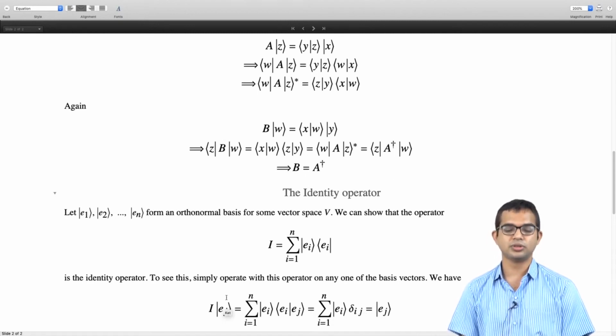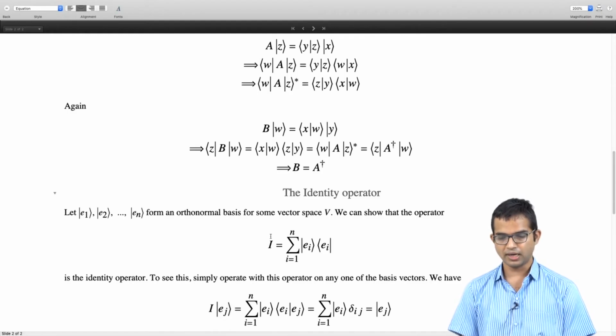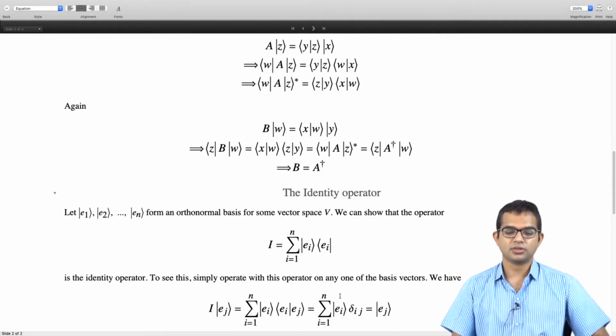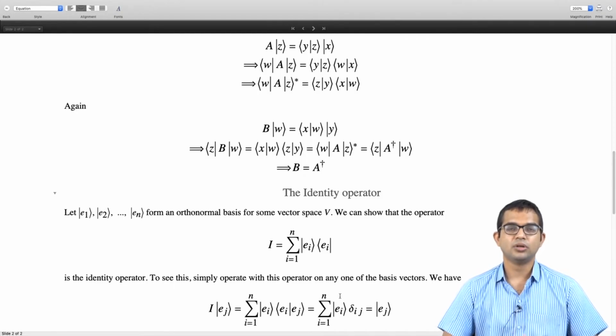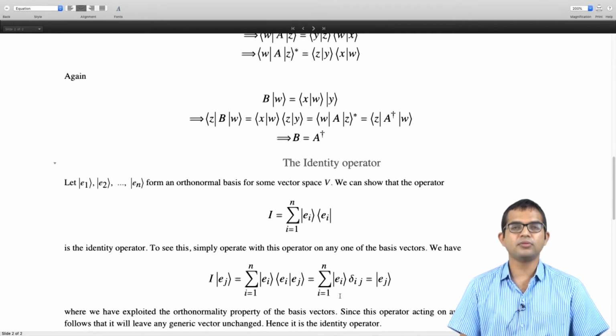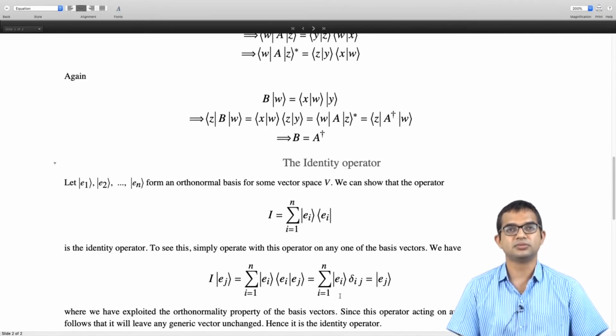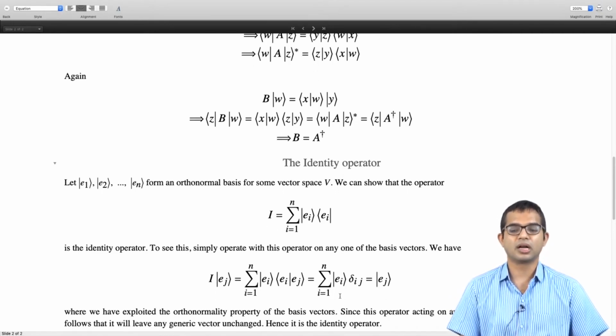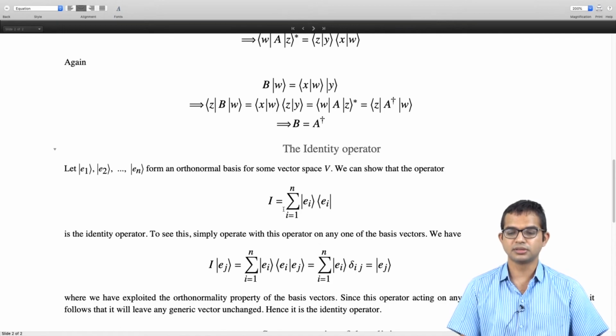So what we have shown is that this operator I, when it acts on any of the basis vectors, just gives you the basis vector itself. And if this operator leaves every basis vector unchanged, it leaves every vector in the space unchanged, which is the requirement for an identity operator. So indeed, this is the identity operator, right?